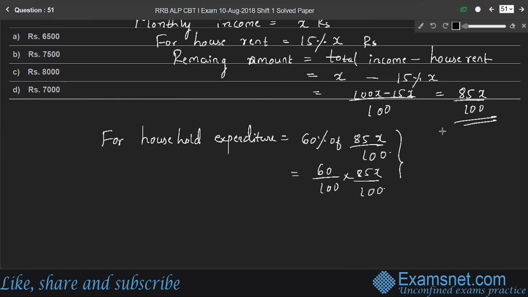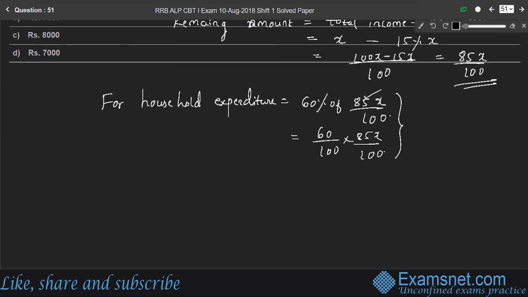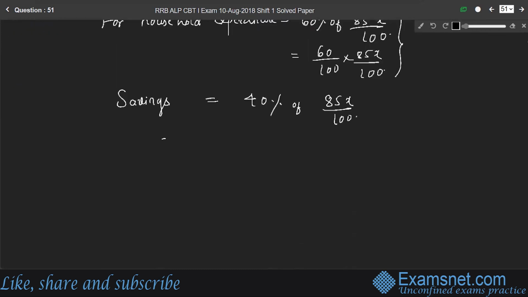So his savings becomes 40% of this remaining amount, right? So savings is equal to, if 60% of the remaining amount is for household expenditure, the remaining 40% of 85x by 100 becomes his savings. And it is directly given that 2,210 rupees is his savings, right? Therefore, 2,210 rupees is equal to 40 by 100 into 85x by 100.